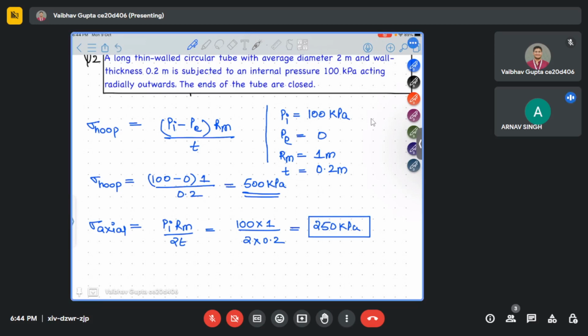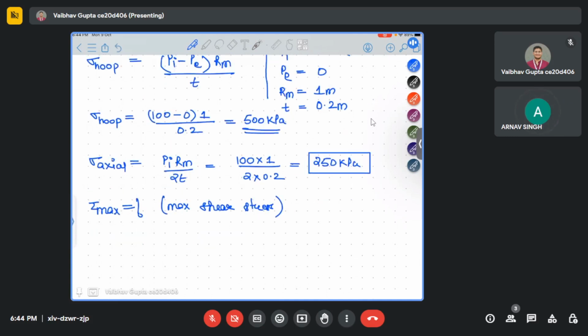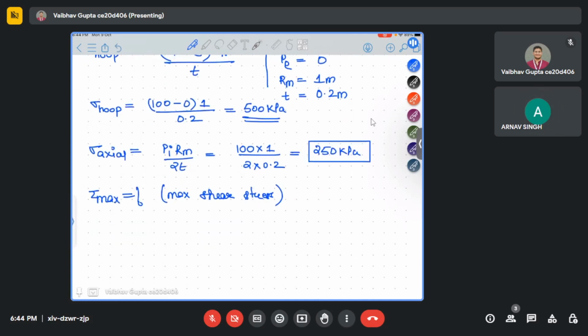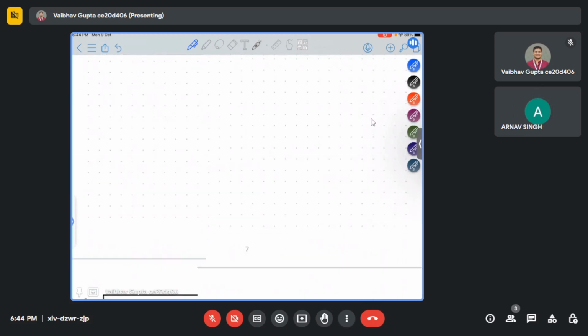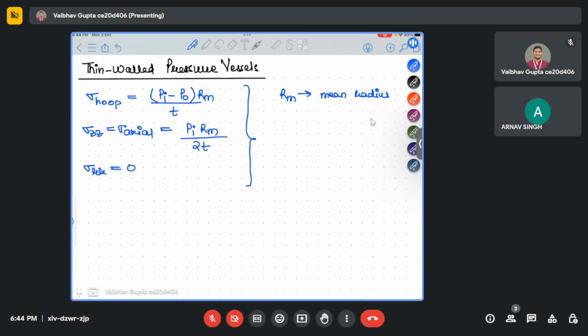Understood? Now they have lastly asked what tau max is, that is the maximum shear stress. Long back you have seen this. I have told you these three are the stresses we got for thin wall pressure vessels. So what will be the state of stress?